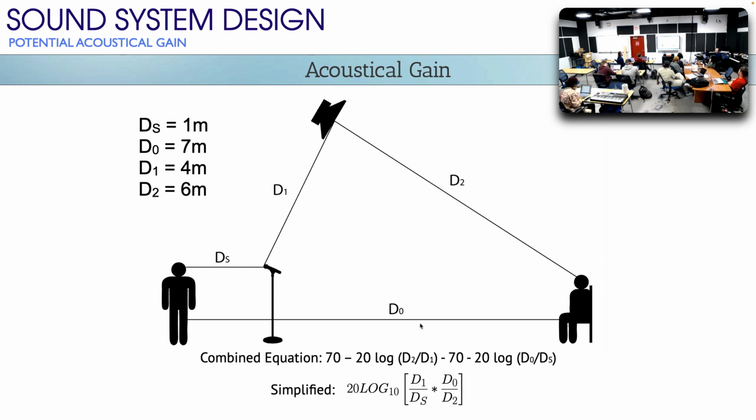Right? That's the math we just did, strung all together into one long equation. Now, below it is another equation that I'm calling simplified. It's simplified in that it has a few less variables, a few less bits of information. Someone run that equation. 20 times the log of d1 divided by ds times d0 divided by d2.